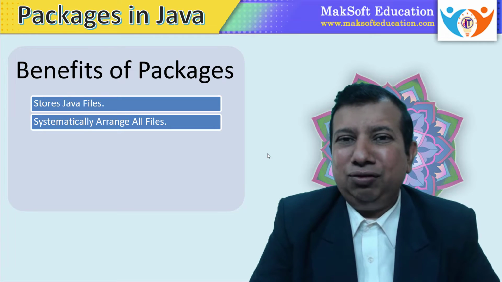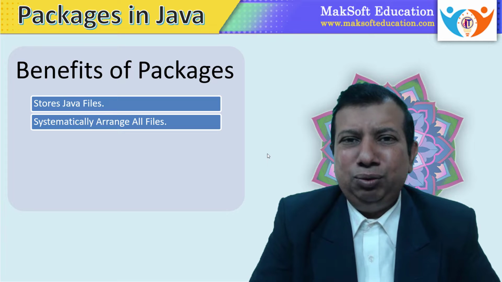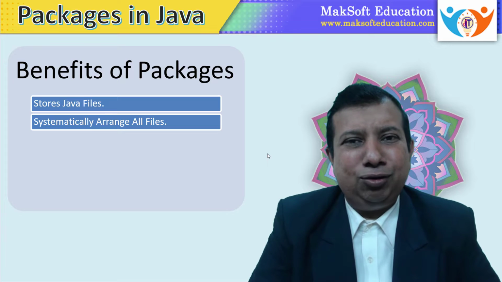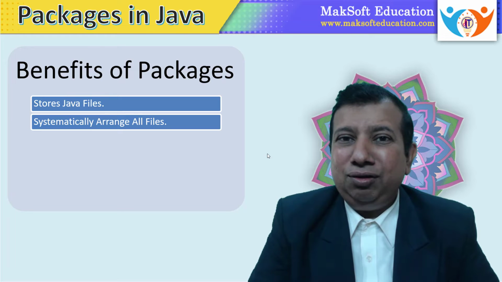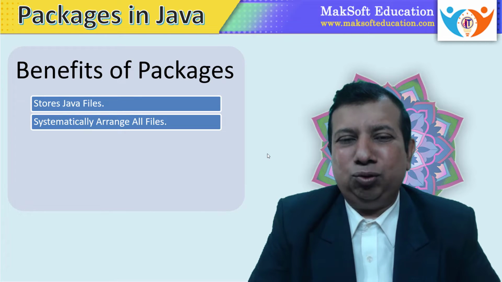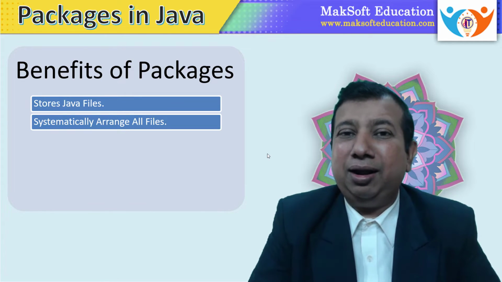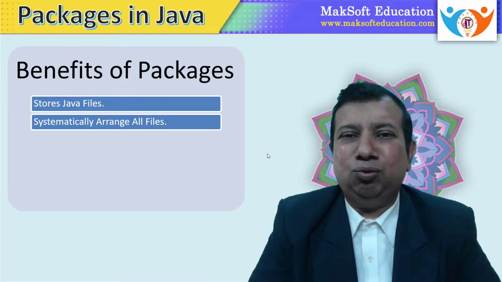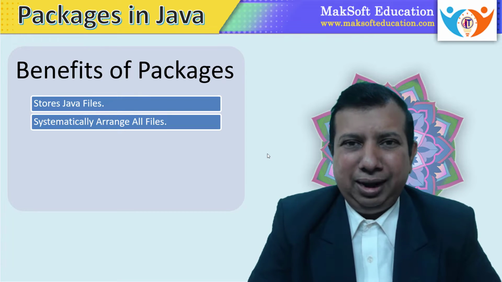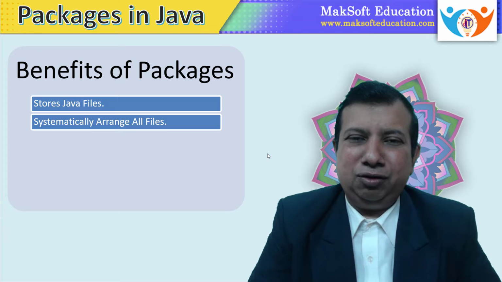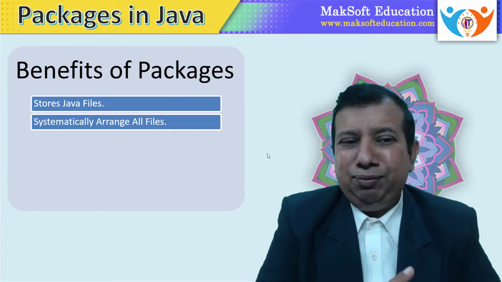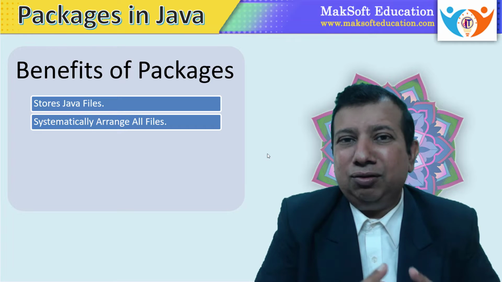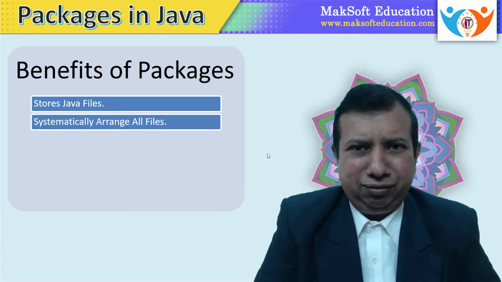When we are developing such applications, we need to collect different types of information from the user, and therefore we can keep these classes together in one package. So when you import the entire AWT package, all these classes will be available to your program and you can use them just by writing one import statement. And this is the benefit of keeping these class files together in one package.